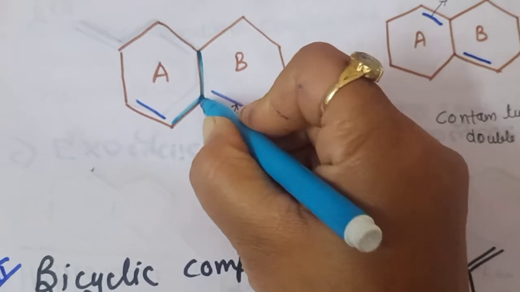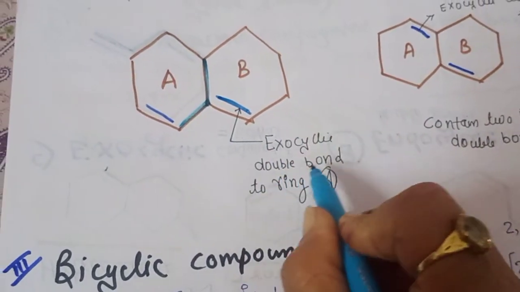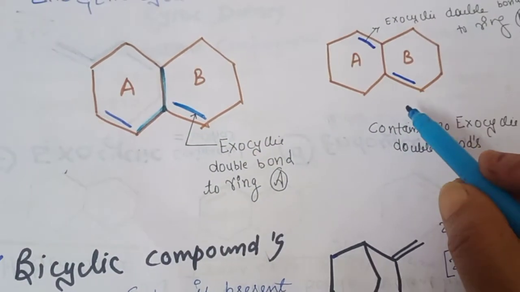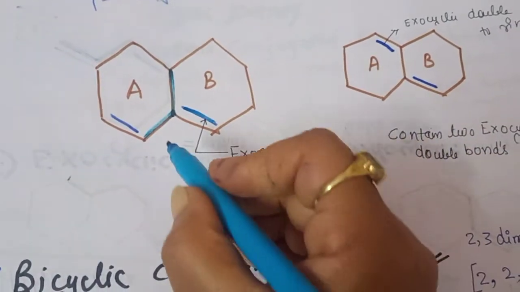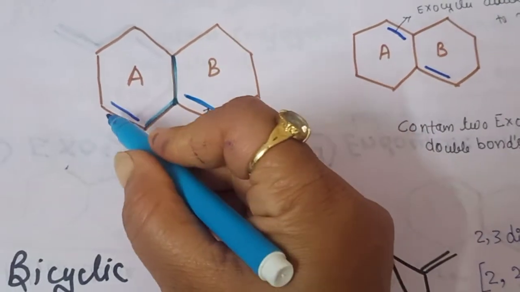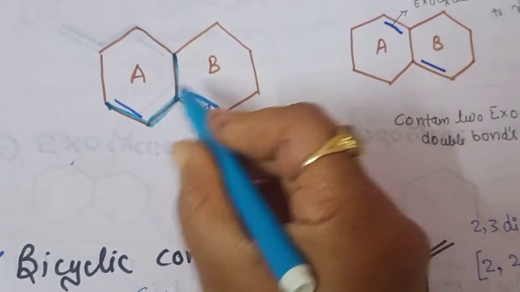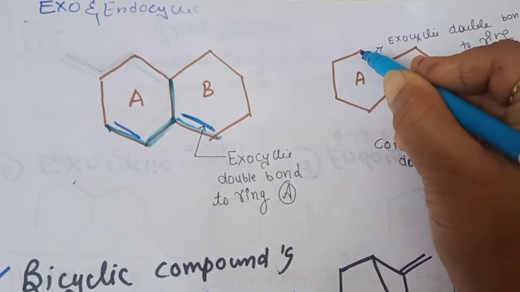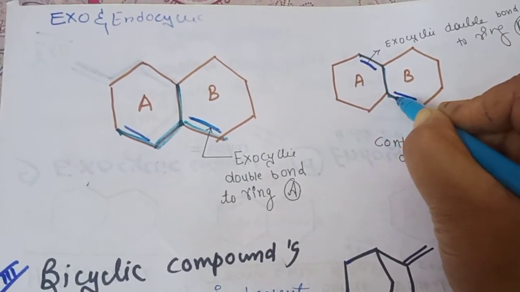So this bond is outside ring A, so this is the exocyclic double bond to ring A. And here when we see these two, A and B, the important thing is you have to visualize the portion of 1,3-butadiene. It is a part of a trans form. This is a trans butadiene. Here also it is a trans butadiene, meaning the basic unit again is trans butadiene.